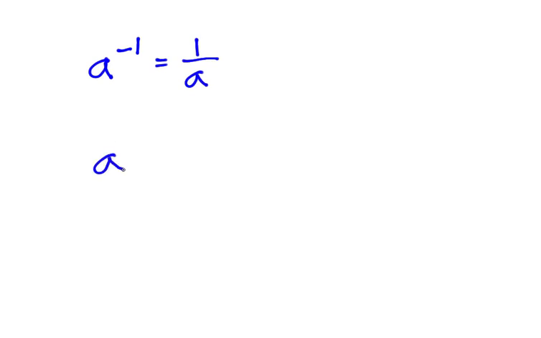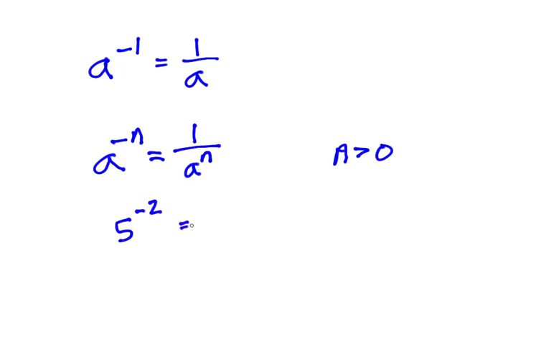If I have a to the power of negative n, for n greater than 0, this becomes 1 over a to the power of n. So in other words, if I have 5 to the power of negative 2, this becomes 1 over 5 power 2, which becomes 1 over 25.